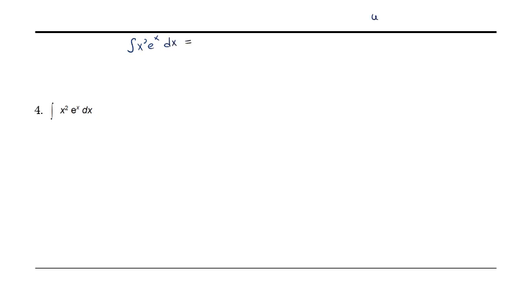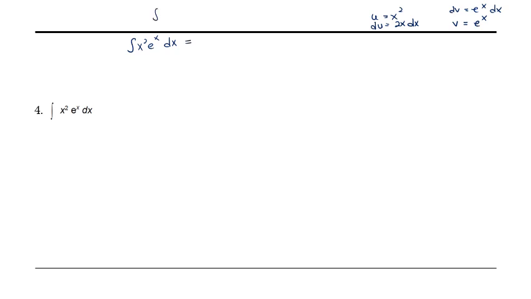So what is our u? u is x square, du is 2x dx. Okay, so what is our dv? Sama dengan exponent x dx. Integrate become v, exponent x. So, masuk dalam formula.